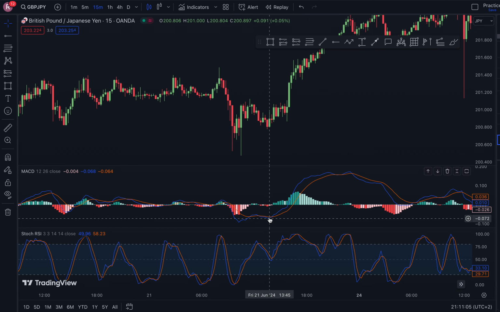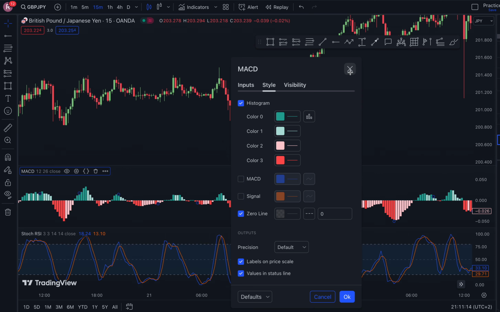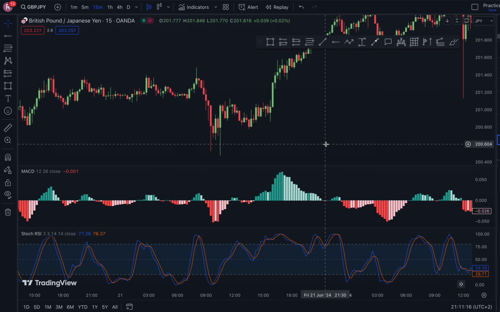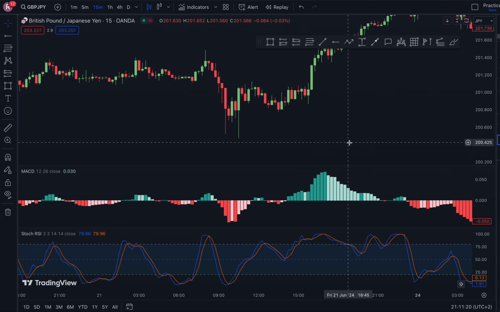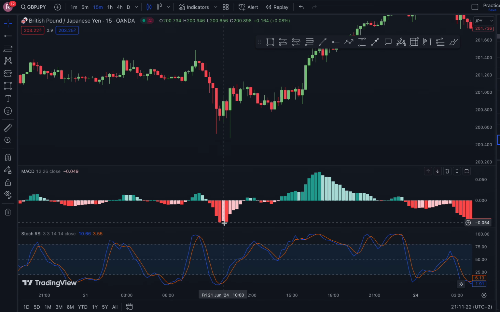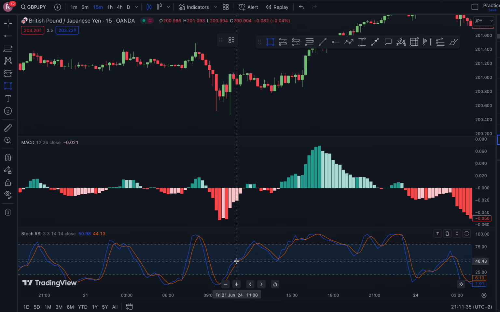All right. Actually, this has to go. Let me just see. This has to go. All right, cool. So in order to find a buy, we need our MACD to turn a pink color after this red, and we need a crossover from our stochastic.